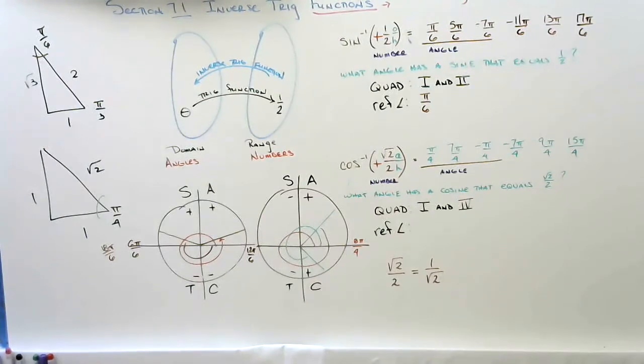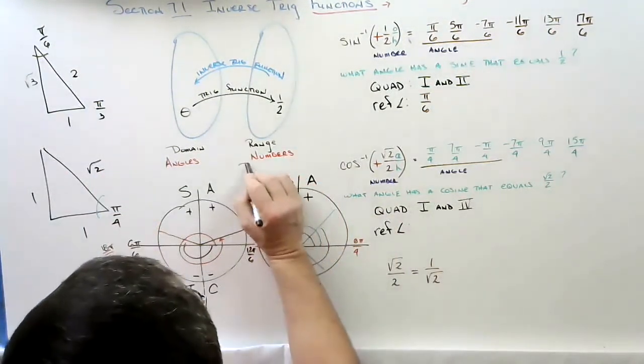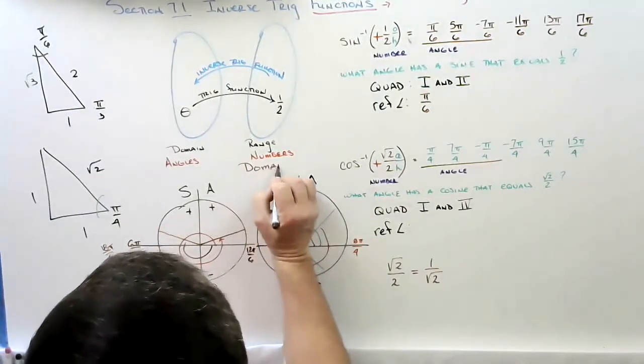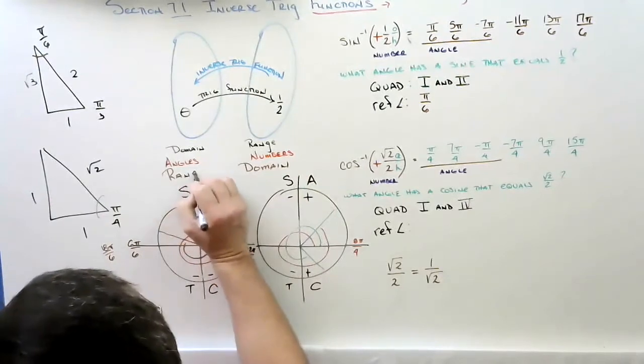Now, I doubt they lied to you, because your Algebra 2 teacher told you the same story, and I told you the same story at the beginning of this book. For every x, there's only one y. Yet, we said inverse trig functions turn this into the domain. Right? They treat this as the domain. They treat this as the range.